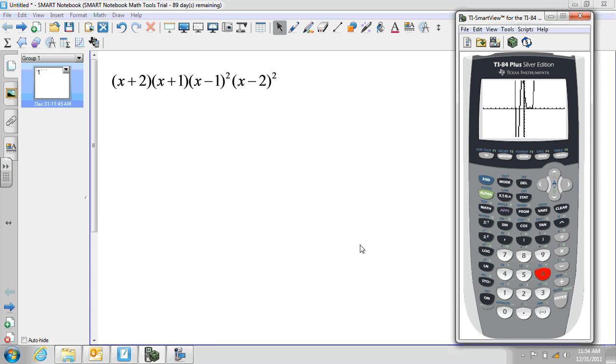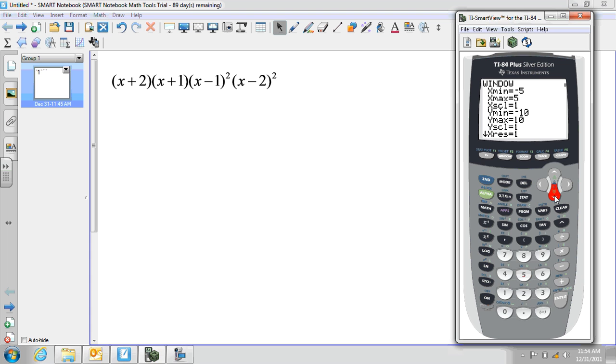So the first thing that I did was I went into Window, and I changed my X minimum to -5, and my X maximum to +5, because I could tell by looking at the graph that that was pretty much the extent of the X values that I was really concerned about. And I left the scale at 1.